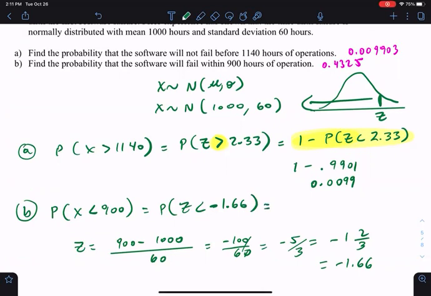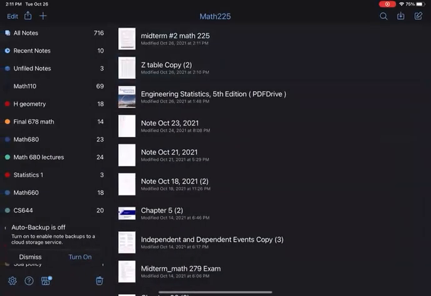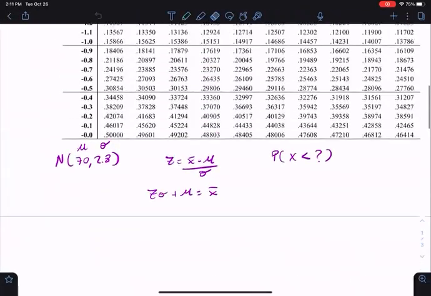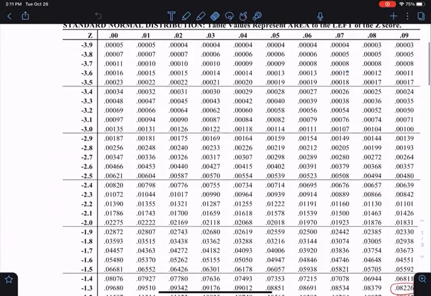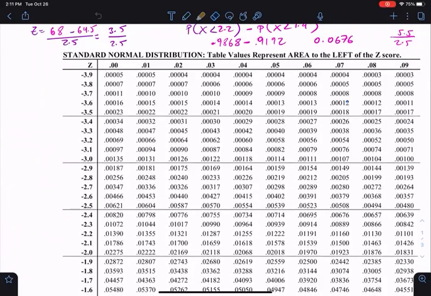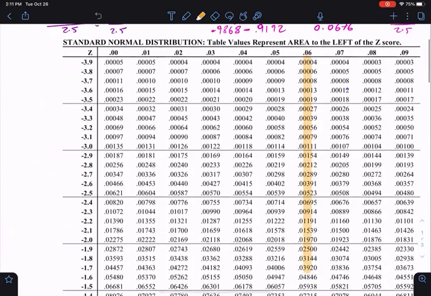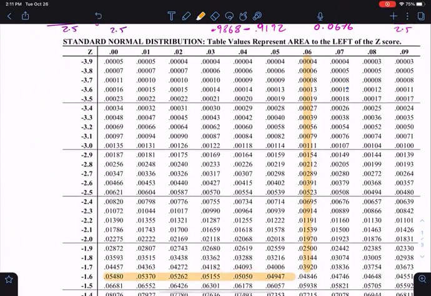So when you use the table, you look for negative 1.6 in the row and 0.06 in the column. That's negative 1.66, and the area is 0.0485.